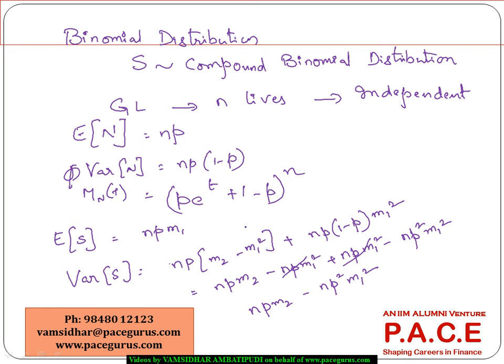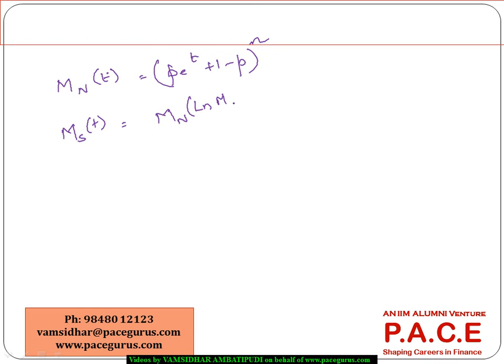Similarly, now that I know the moment generating function of N is (p e^t + 1 minus p) to the power n, I am more interested in the moment generating function of S, which we know comes out as MN of log MX of t.